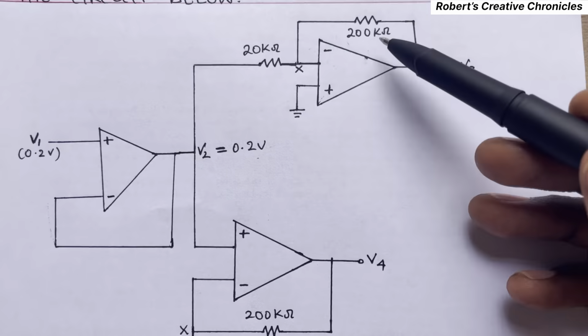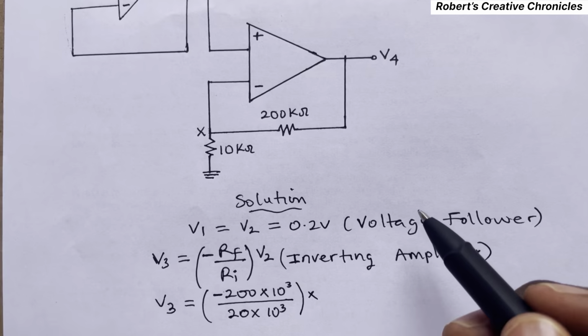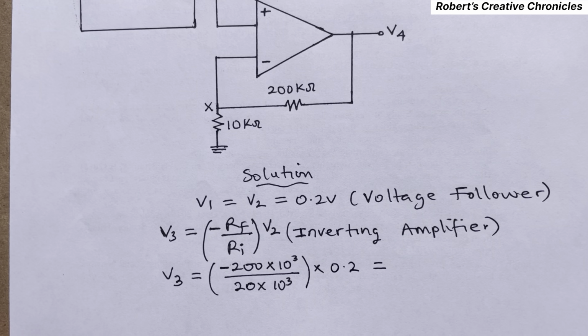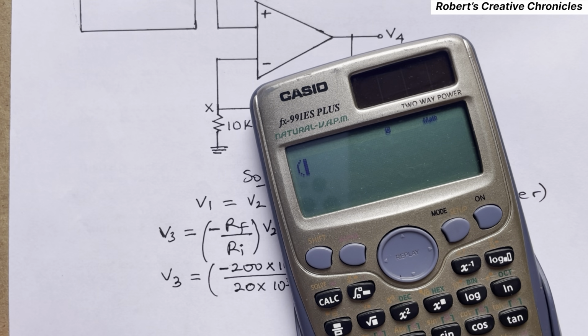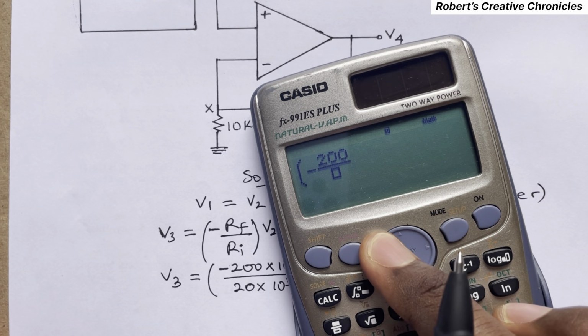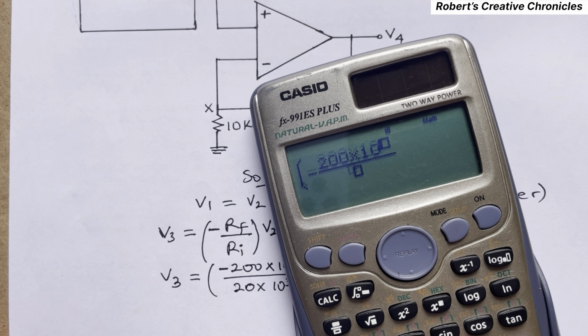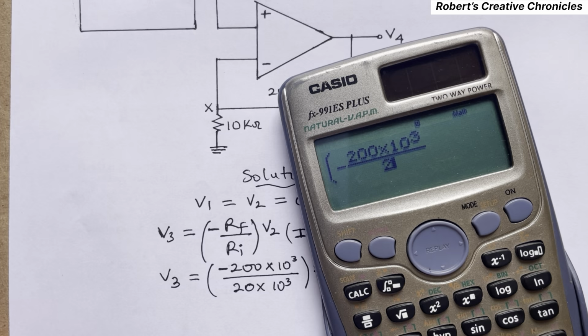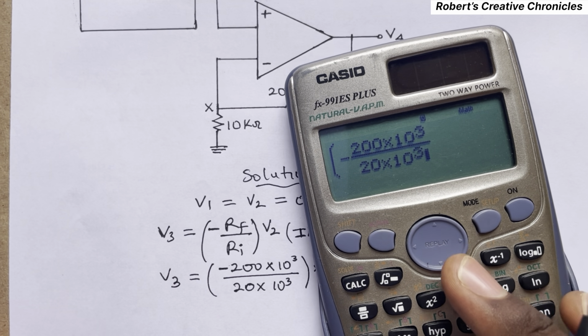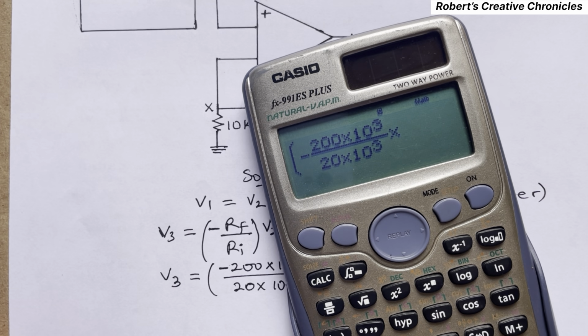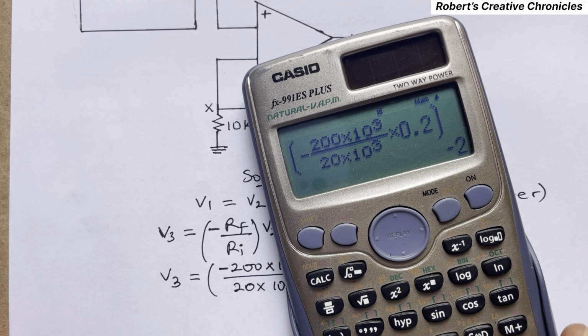So it is negative 200 times 10 to the power of 3 over 20 times 10 to the power of 3, times V2, which is 0.2.